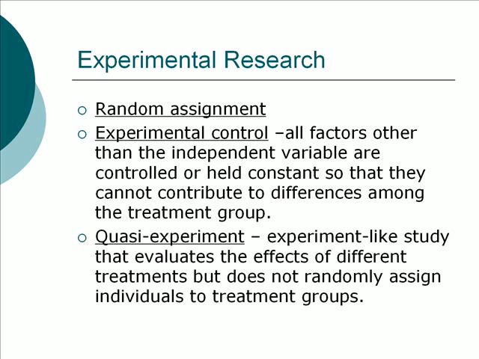The solution for some of that is what they call a quasi-experiment. Quasi meaning an experiment-like study that evaluates the effects of different treatments but does not necessarily randomly assign individuals to treatment groups. The limitations of this approach are fairly obvious, in that there are uncontrolled differences among groups that could influence the results.